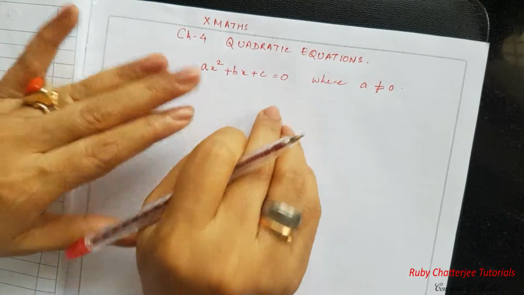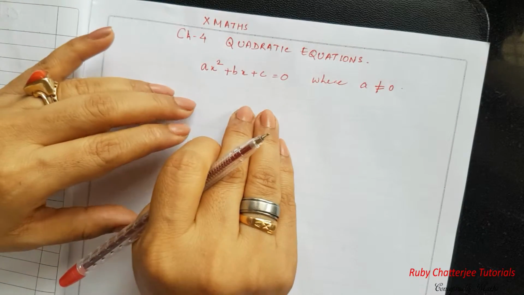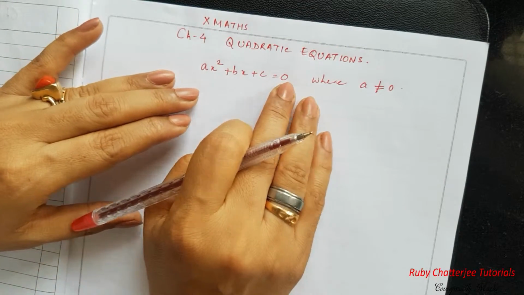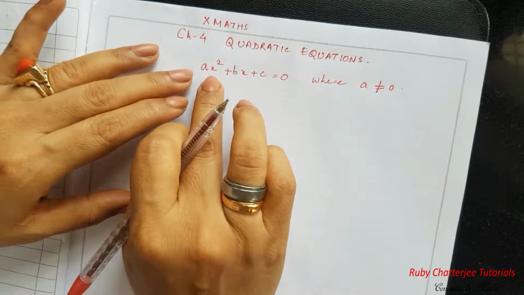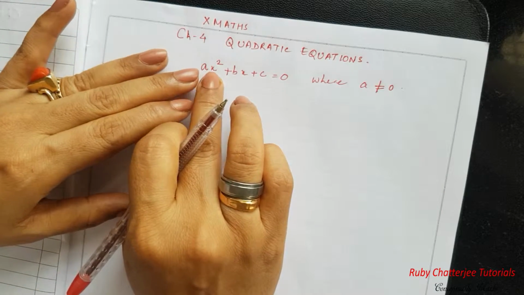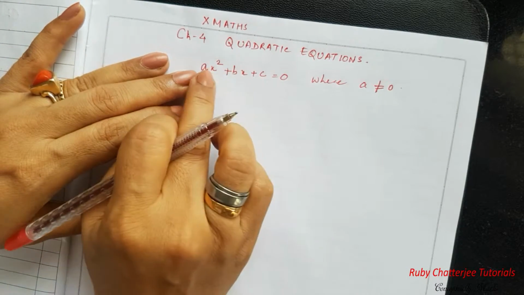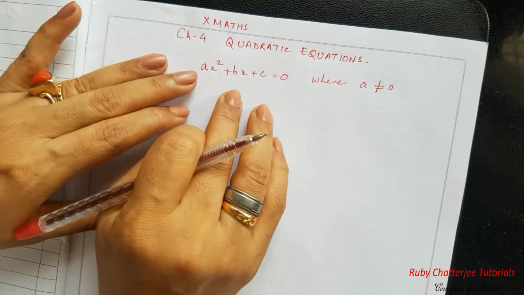In this chapter we are basically going to study finding the solution of a quadratic equation. When I say solving, I mean to find the values of x which will satisfy this equation, and so how many solutions can I have for a given quadratic equation.